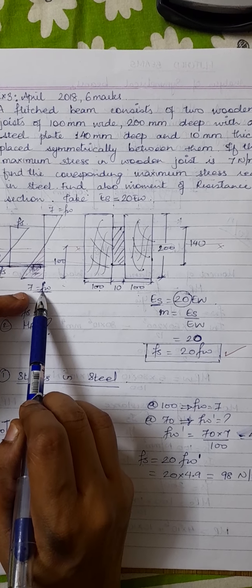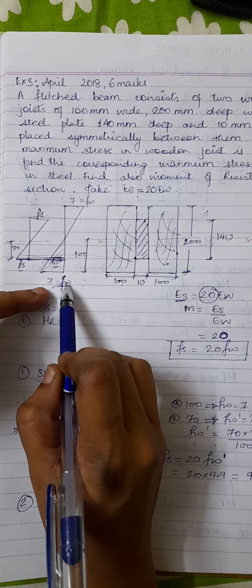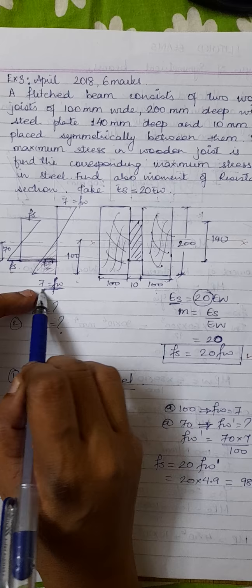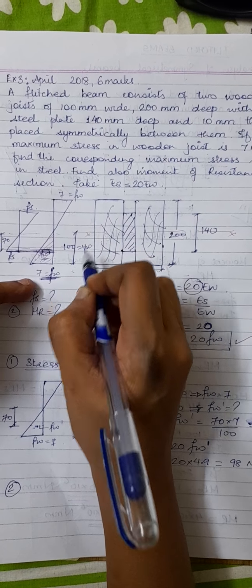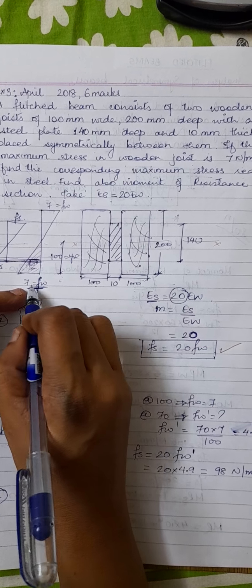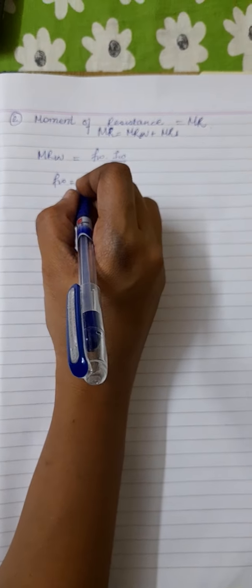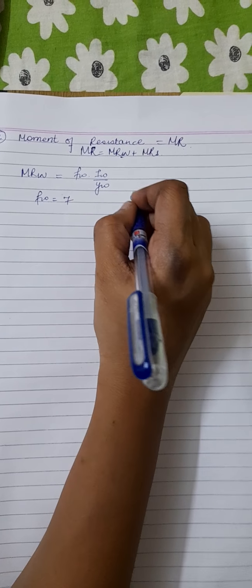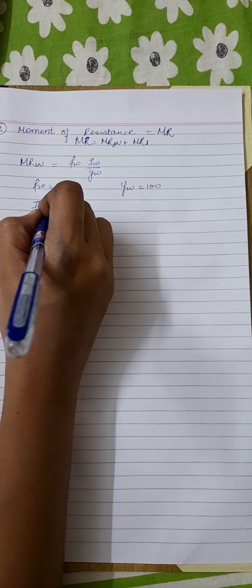What is Yw? Yw is at 100, the maximum stress is 7, right? So Yw will be this value, because we are going to take corresponding stress. So let us go back. Fw is going to be 7, Yw is going to be 100. What is going to be Iw?